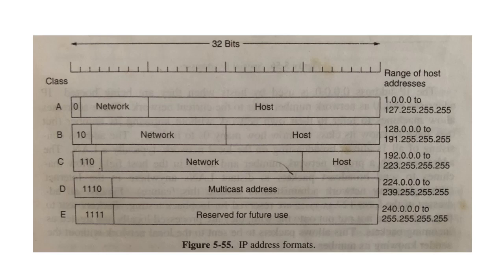Before discussing IP addressing in detail, we have to remember one more thing: multicast addressing is supported by the IP addressing mechanism. We know what multicasting means. We are not going to send the packet to a single destination; we send a packet to multiple destinations at the same time.